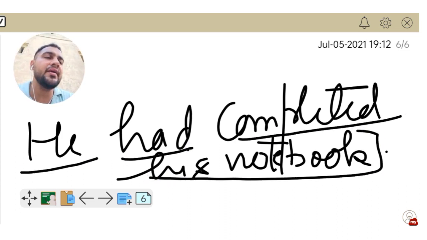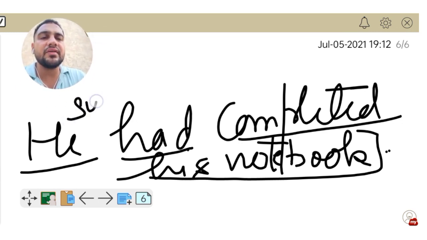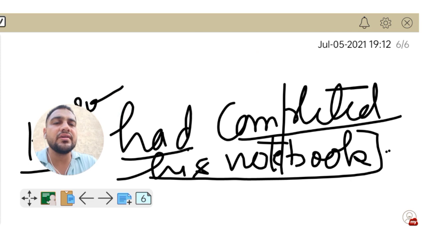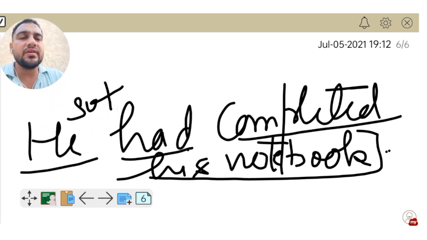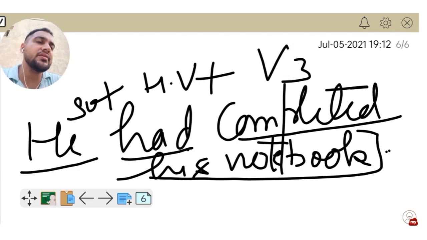The work is completed before some other action takes place. I'll talk about the use differently, the three uses of the past perfect tense later on in the video. So here we are talking about the simple sentence. Here we have the subject, then the helping verb, which is had, and the verb's third form, that is completed.